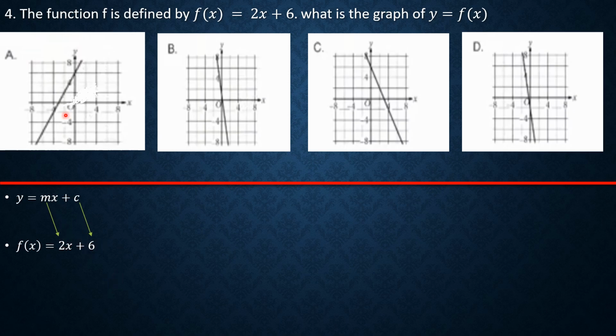So this tells us that the graph of f of x has to cut the y-axis at the point y equals 6. Now A does that, C does that, B and D are already off. So the slope tells us that, of course, f of x has to be a rising line. So A clearly is the only rising line here, right? So boom, our answer is A.